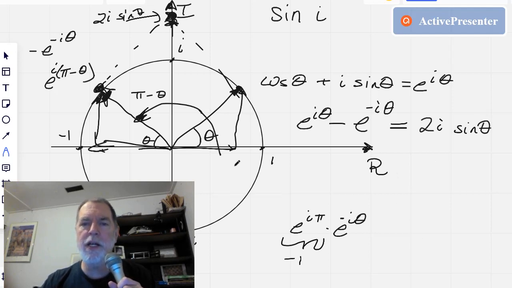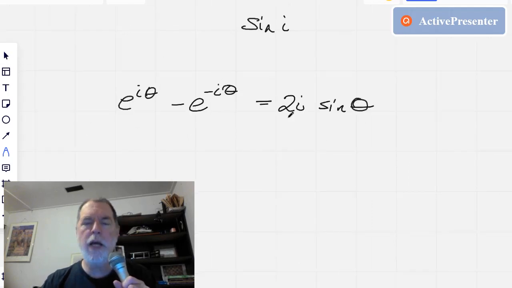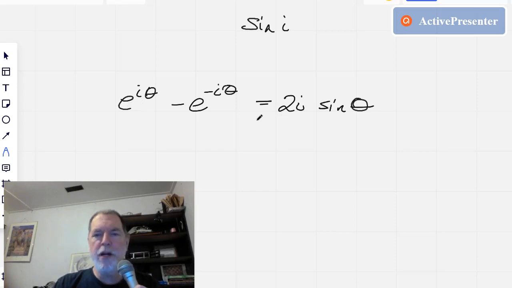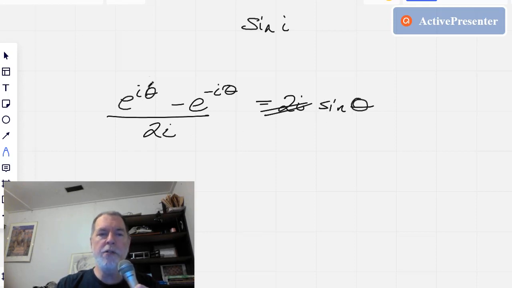Let's clear this so that we only have this last bit. Okay, so we were left with this expression, and it equals 2i sine theta, but we just want sine theta. So let's remove this and put it to the bottom of this expression on the left. And now, there we have it. We've got an expression for the sine of theta using these exponentials.